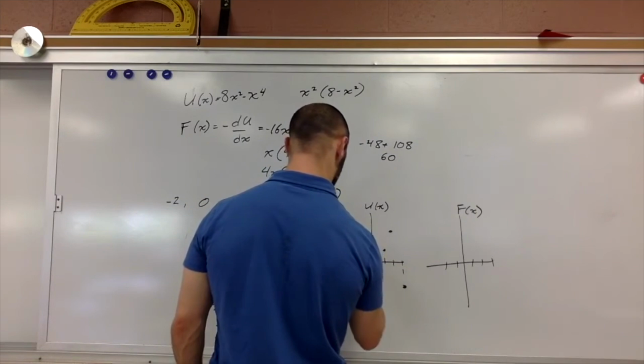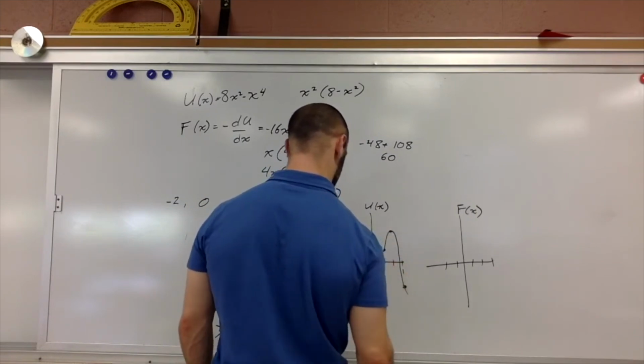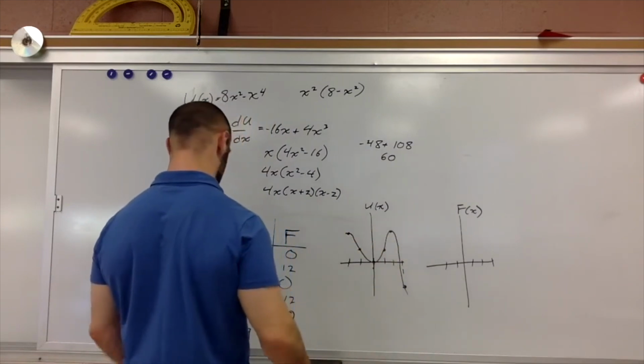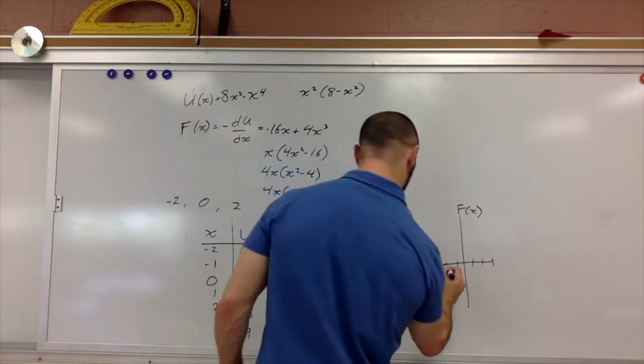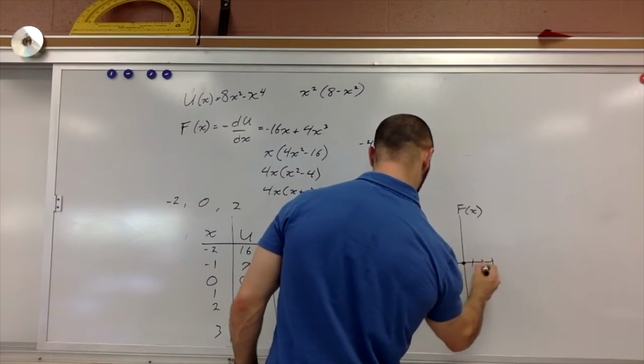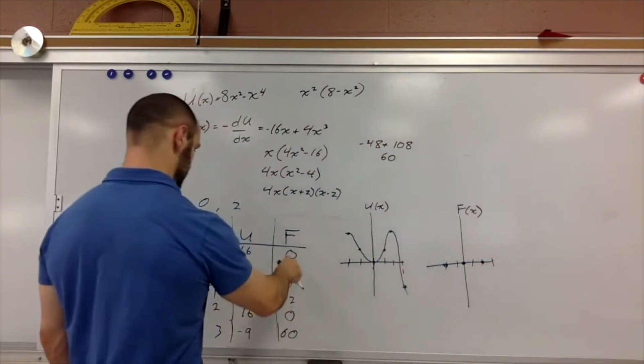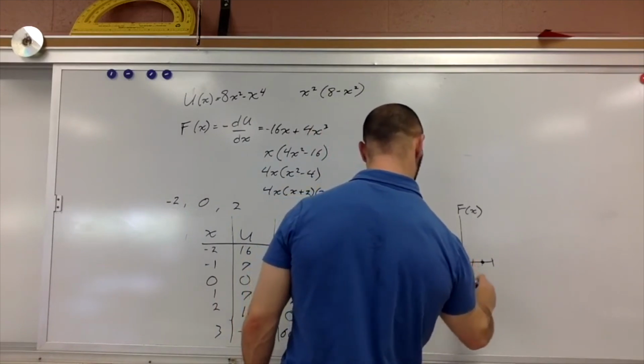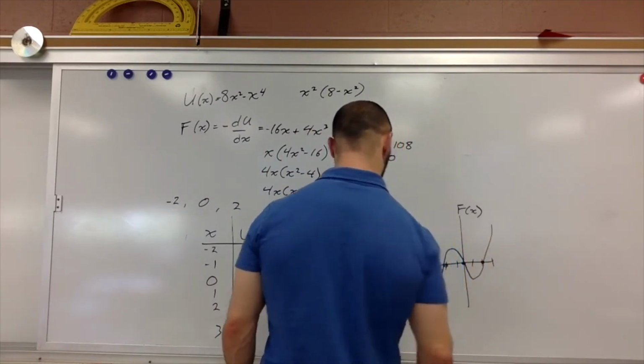So it looks like it's doing something like this. For the force graph, I've got zeros here and here and here, and it goes positive, negative, positive. Something like that.